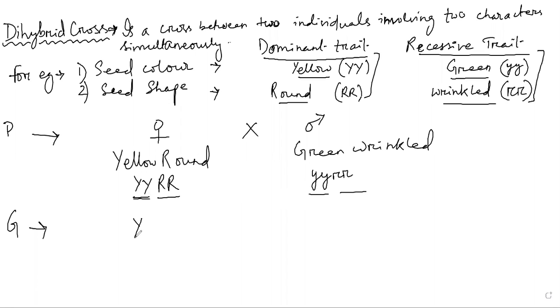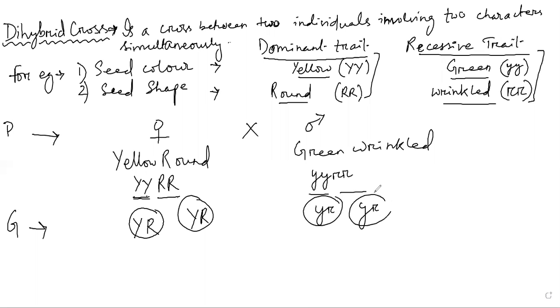Here it will be capital Y, and from the allele pair of round, capital R will come. Similarly, another gamete: from this allele pair, another Y will come, and from the round, another R. So it is capital Y, capital R. Similarly here, small y, small r, small y, small r.